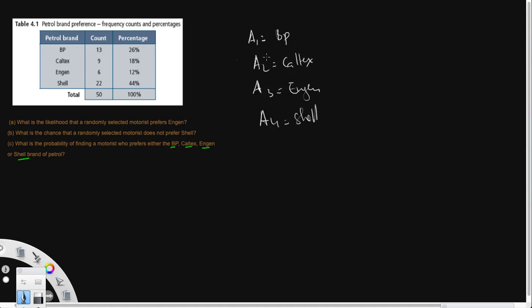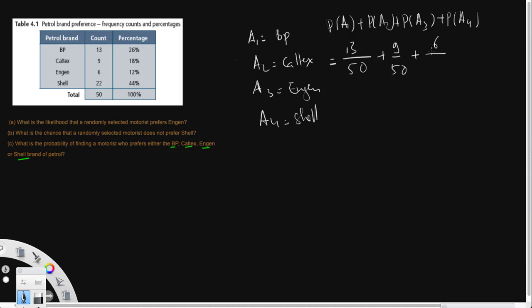We're going to work out the probability of A1 plus the probability of A2 plus the probability of A3 plus the probability of A4. From what we've done before, this will be equal to 13 divided by 50 plus 9 divided by 50 plus 6 divided by 50 plus 22 divided by 50.